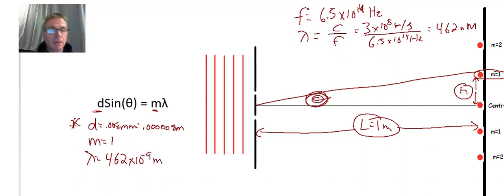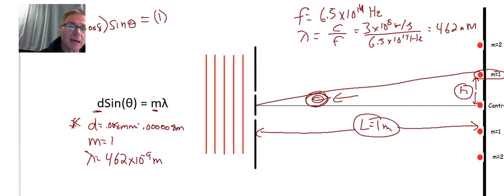Now we have d, m, and lambda. We have 3 of the 4 variables, so we can figure out what theta is. Let's plug those values in. We get 0.000008 times the sine of theta, which is what we're looking for because we need theta in order to get h, equal to m, which is 1, times lambda, which is 462 times 10 to the minus 9th.